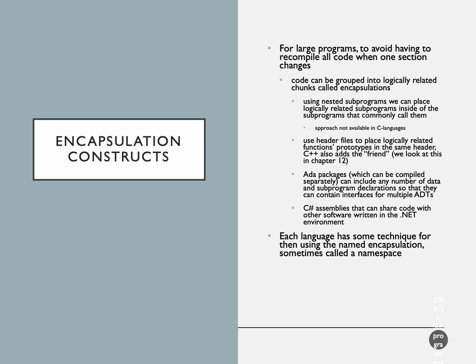Now, in some languages, we can use nested subprograms to group logically related routines inside their common caller. This feature is not supported in C-like languages. In C++, we use header files to declare related functions and prototypes.